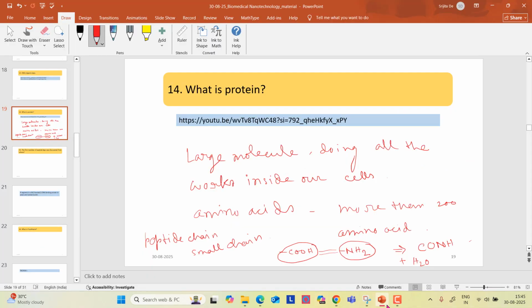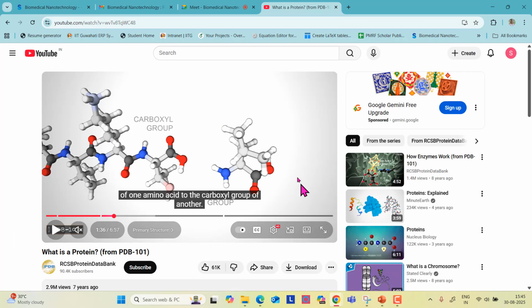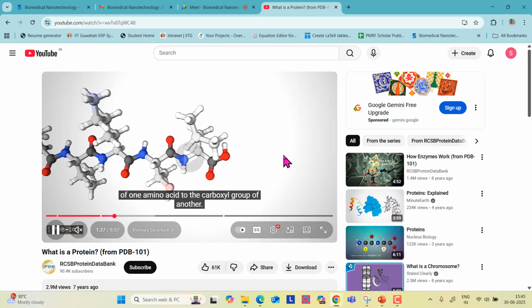So this COOH comes from one amino acid, and this NH2 comes from another amino acid, and when they bond together, they release a water molecule and form a CONH bond, and this bond is called the peptide bond.